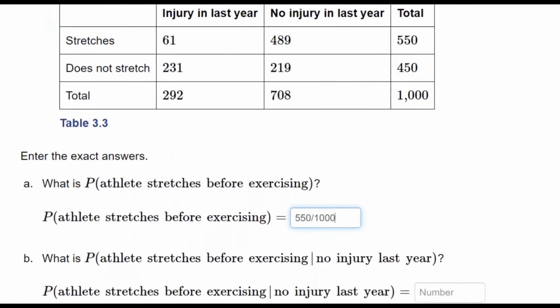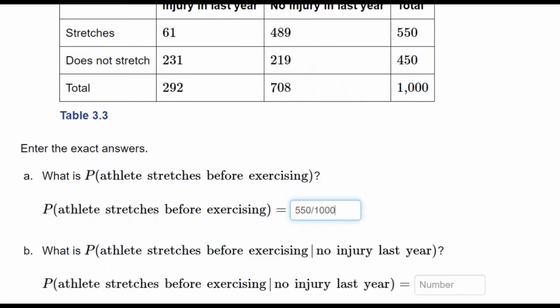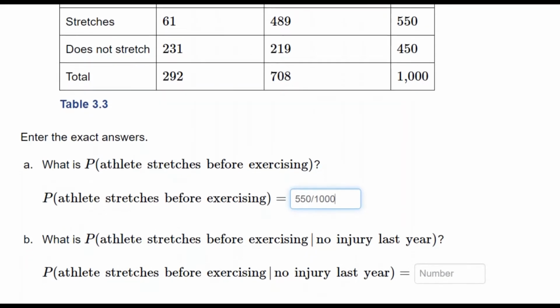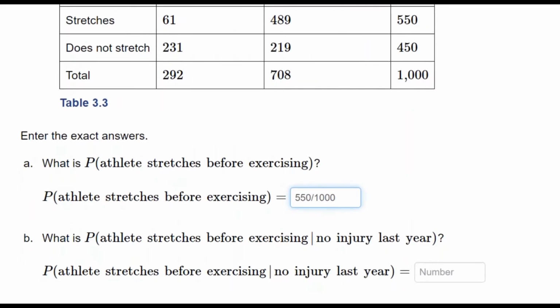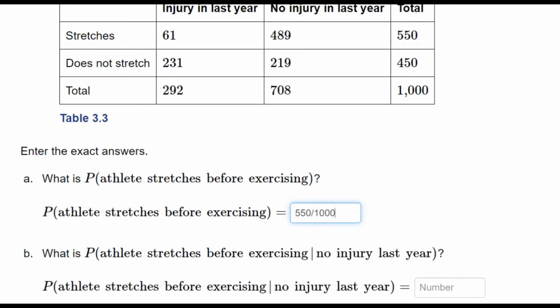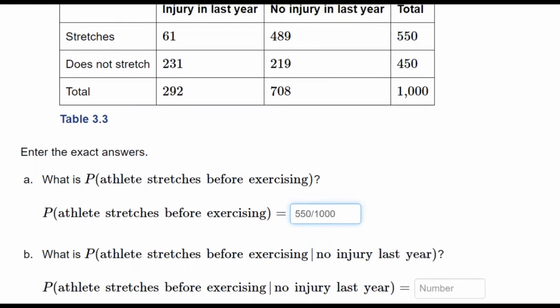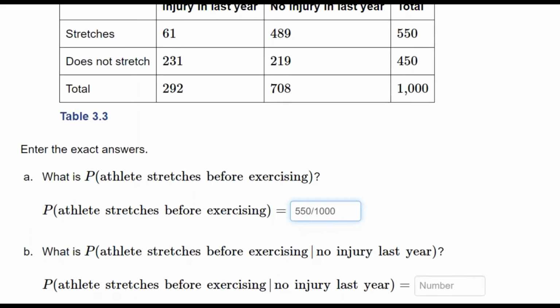The next question asks you to find the probability that the athlete stretches before exercising, given that no injury occurred. For this, you have to do some workout, and probably a good idea would be to make a tree from the given information in the contingency table that may help you find that information quickly.